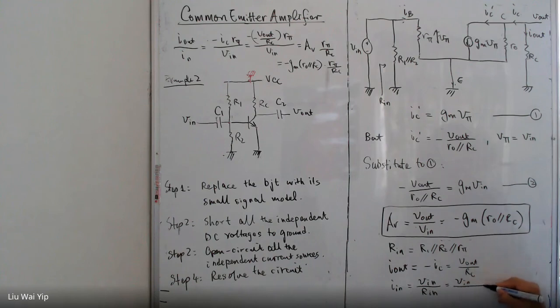And R in we have already established. According to this equation, it is R1, R2, and R pi in parallel. I'm going to check if you can read the right one. Well, just enough. Okay, now the next thing is to find the current gain based on what we have got here.